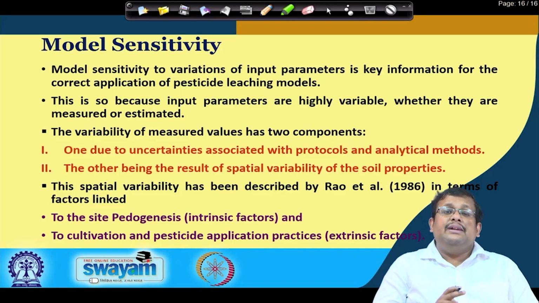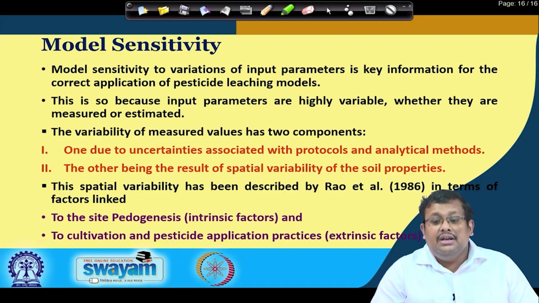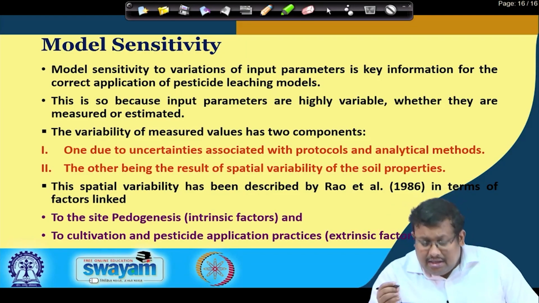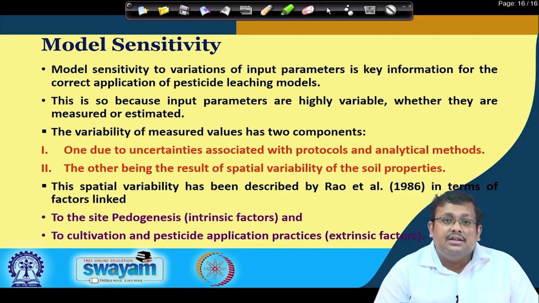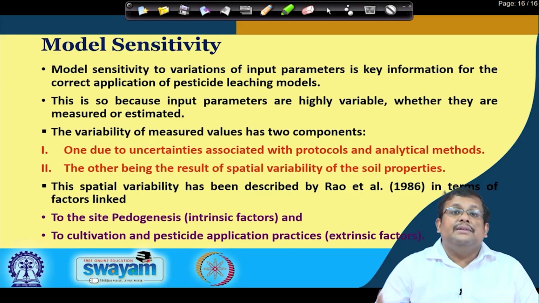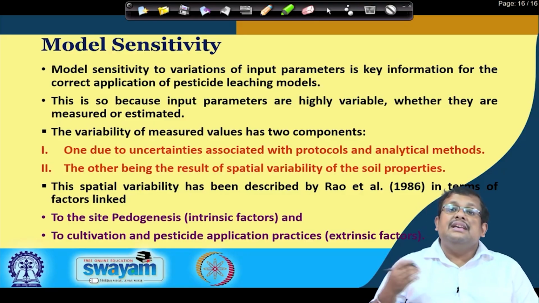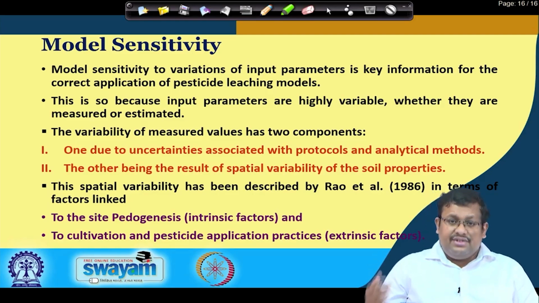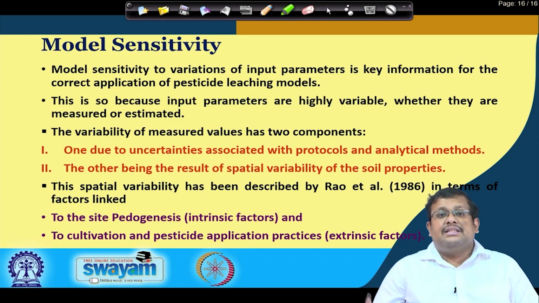Now, the spatial variability has been described by Rao et al. in terms of factors linked to the site pathogenesis, which are intrinsic factors, and the cultivation and pesticide application practices, which are extrinsic factors. The site pathogenesis is an inherent property, so it is an intrinsic factor, and cultivation and pesticide application practices are extrinsic factors.